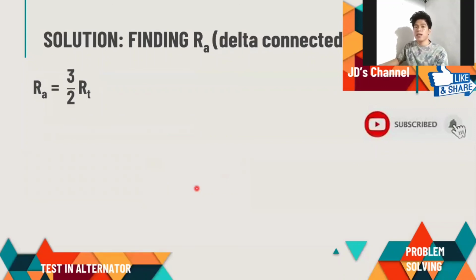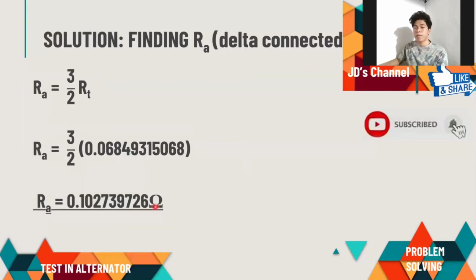And then the next one is finding RA if it is delta connected. This becomes 3/2 of our RT. So substitute the value of RT, 3/2 multiplied by 0.0684931508. So the answer would be, class, 0.102739726 ohms.